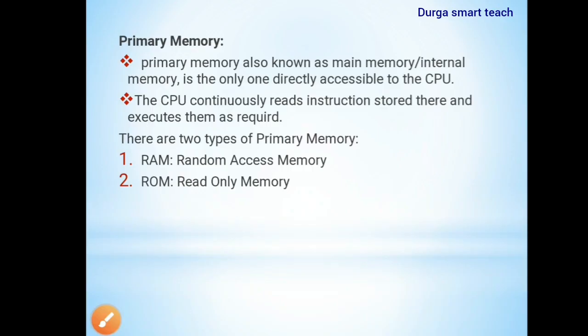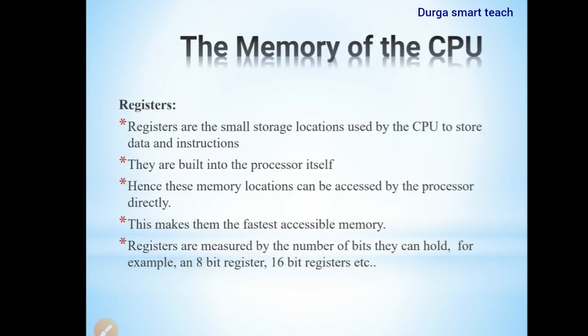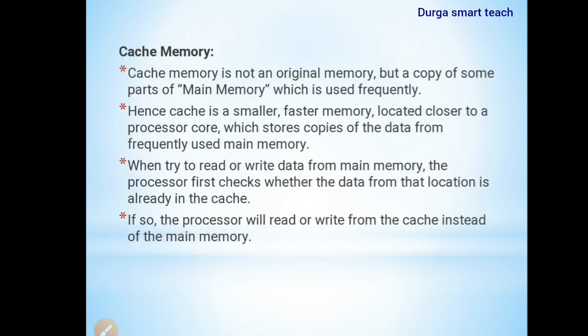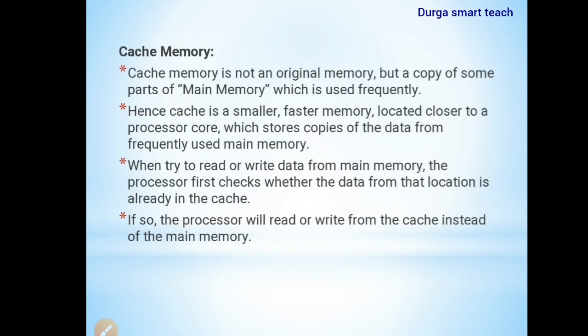I hope it is clear. The memory types: the first ones are registers, cache and primary memory. Registers are small memories which can store only bits of data, like 8-bit registers and 16-bit registers. Cache memory is used to store more frequently used data.